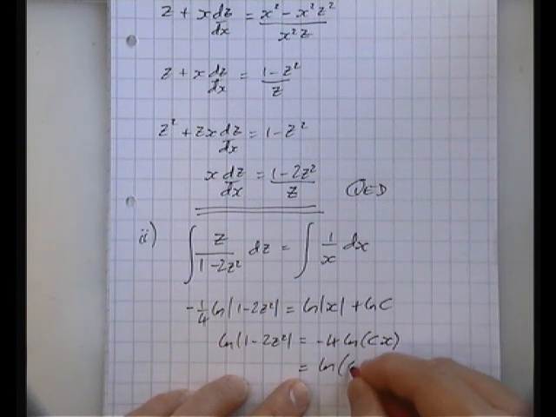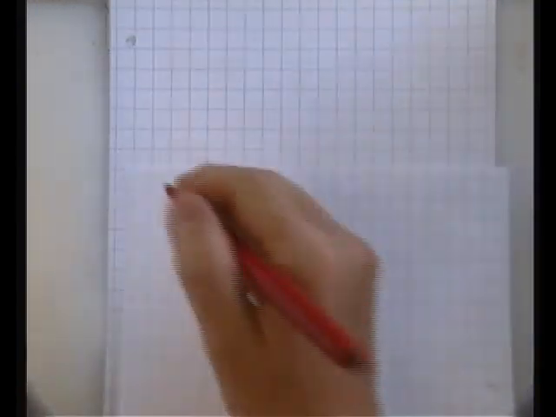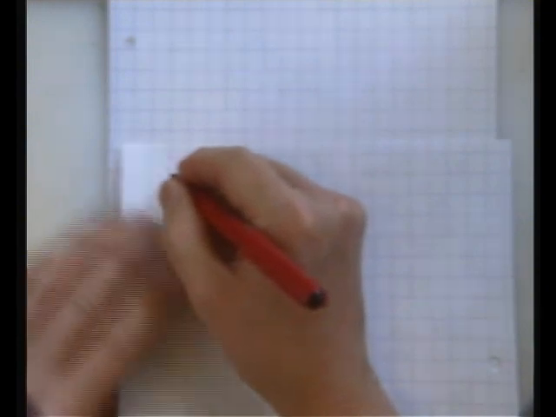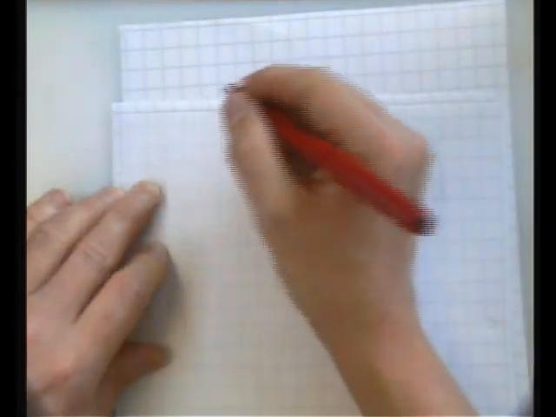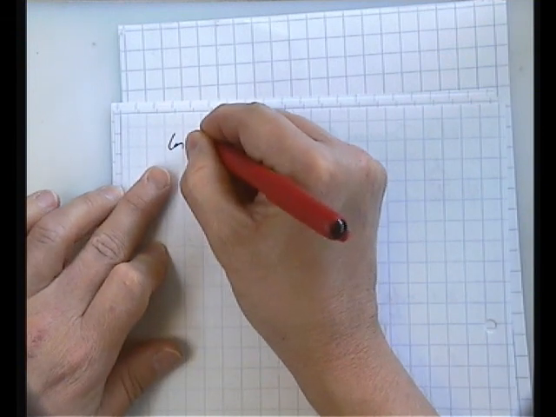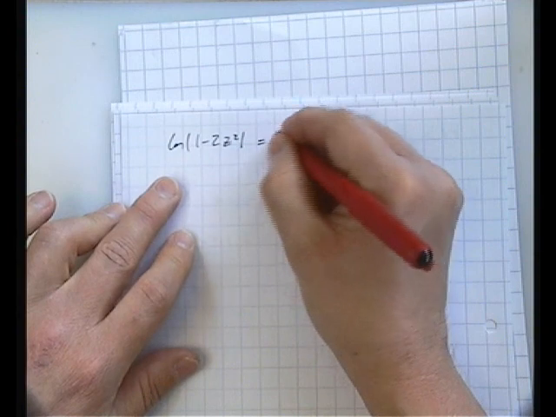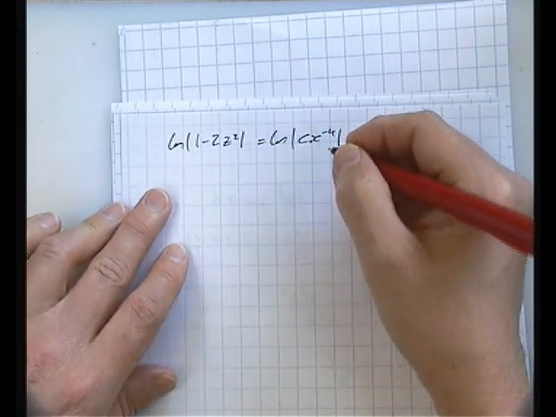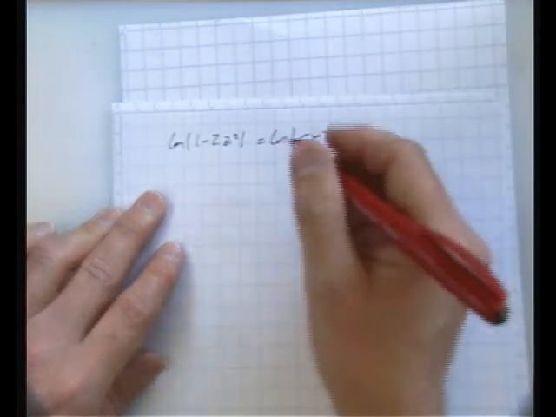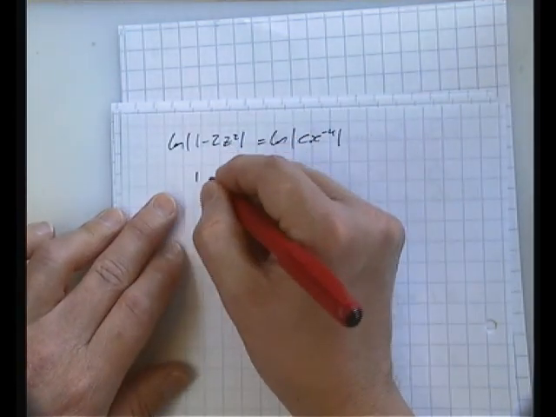Now, I'm going to rewrite that to the top of my page over here to make life much clearer. I'm going to rewrite, and then ln(1 minus 2z squared) is equal to ln of cx to the minus 4. That's what we just wrote previously. Raise both to the power e, and we get 1 minus 2z squared is equal to cx to the minus 4.